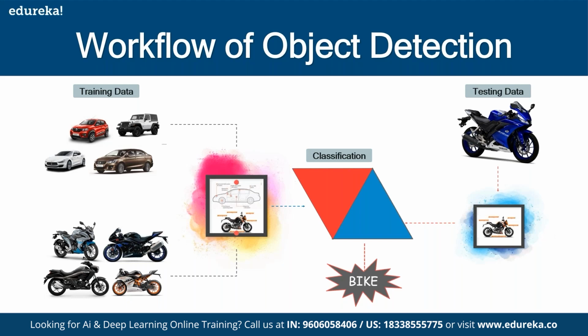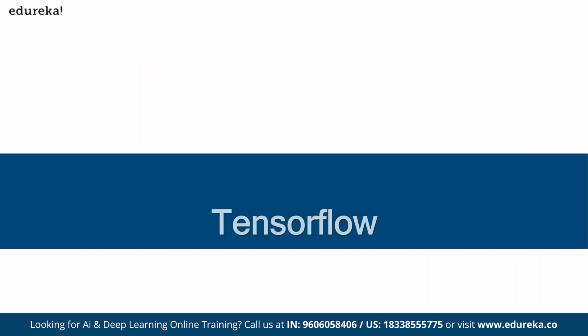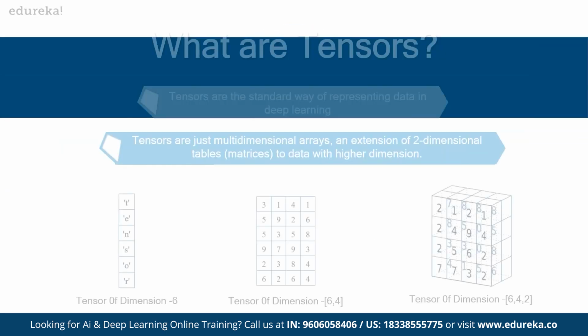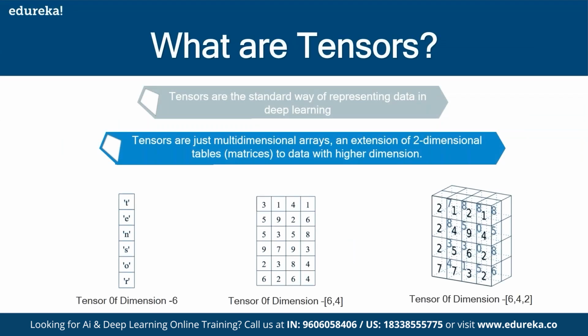Now, coming to TensorFlow, as I mentioned already, it's the deep learning framework created by Google, which we'll be using to create the deep learning models. TensorFlow has one of the main object types called tensors.